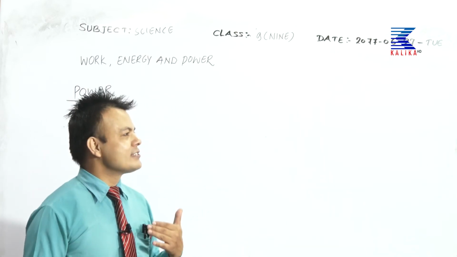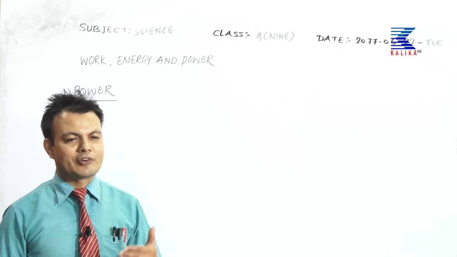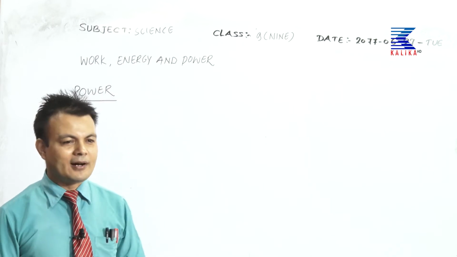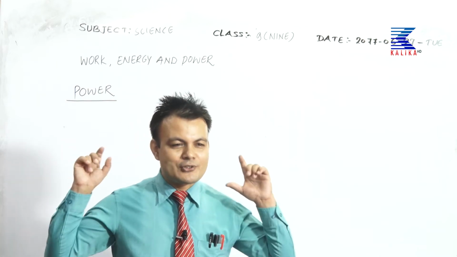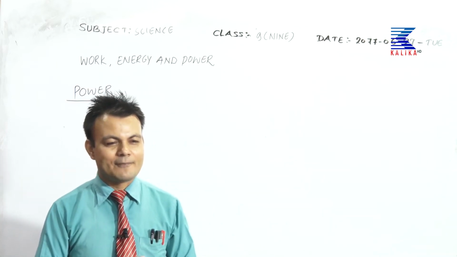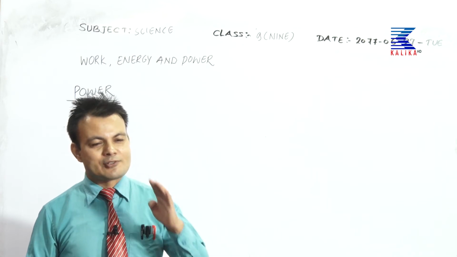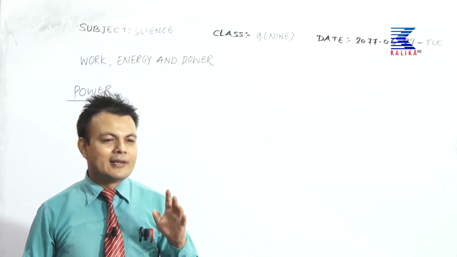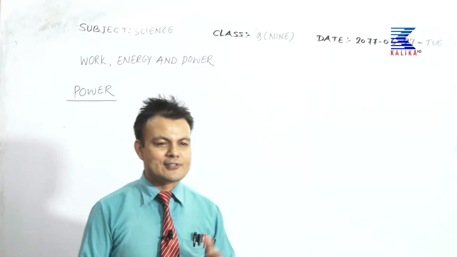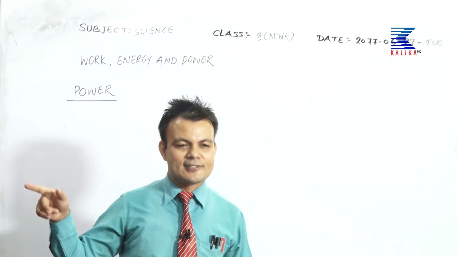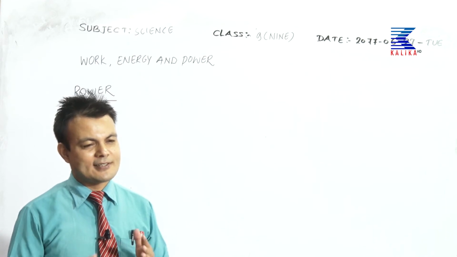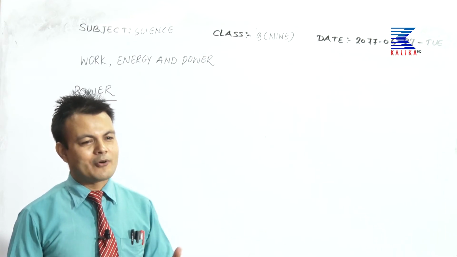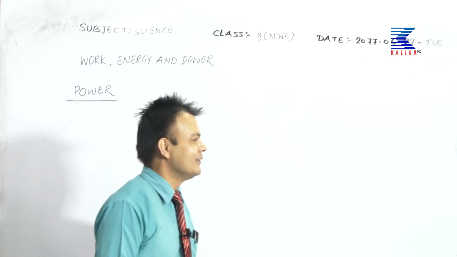So we can define power in that condition as the rate at which the device can convert one form of energy to another form of energy. For example, the rate at which an electric bulb can convert electrical energy into heat energy and light energy. That's the definition of power for devices.